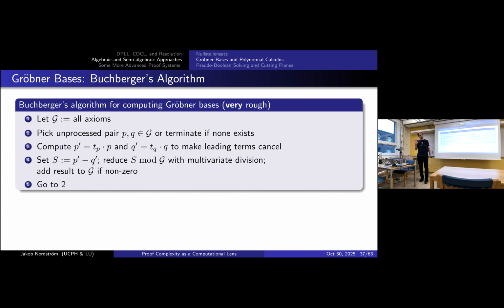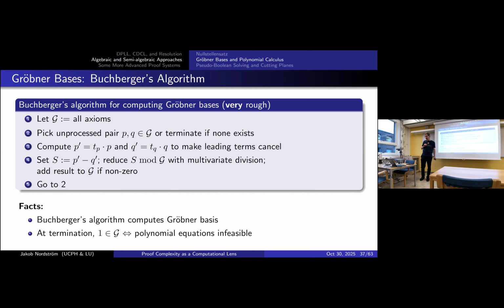You subtract, now the leading terms cancel, and you take this resulting polynomial S and you reduce it modulo everything in your set G with this multivariate division. If it turns out that the result is non-zero when you're done reducing, you add this to G, which will also obviously mean you need to add new pairs to your queue. Okay? You do this until you've emptied your queue.